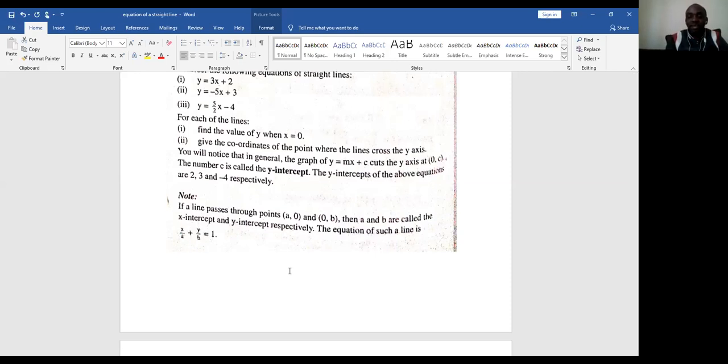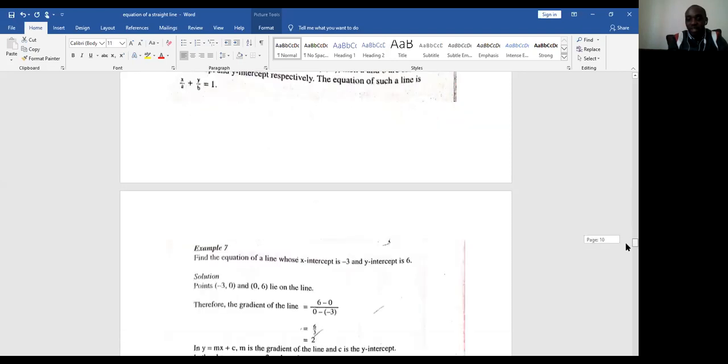Like last year, I think it was asked in the certificate exam. So you have to be wary of that. So x over a plus y over b is equal to 1, where a is the x-intercept, or where the graph cuts the x-axis, and b is the y-intercept, where the graph cuts the y-axis.